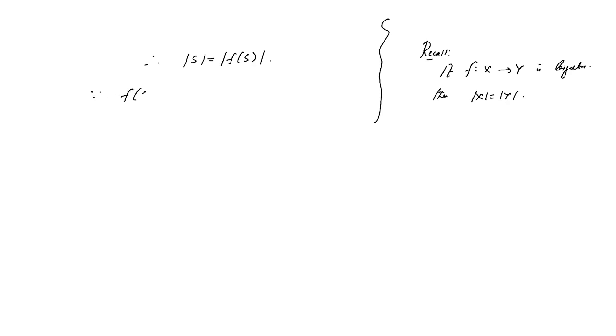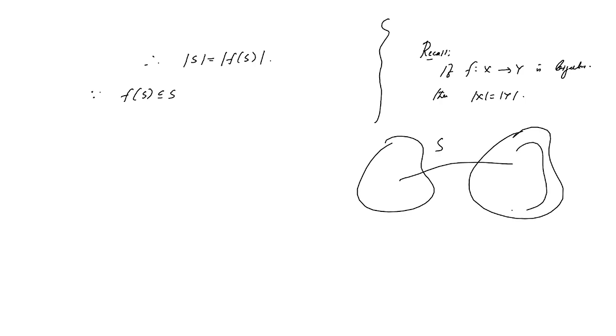Fs is always a subset of S. Here our map is S to S, and Fs you can consider as the image set. We know the range of F or image of F is always a subset of the codomain. So here the image of F is basically Fs, the codomain is S. So Fs must be a subset of S.